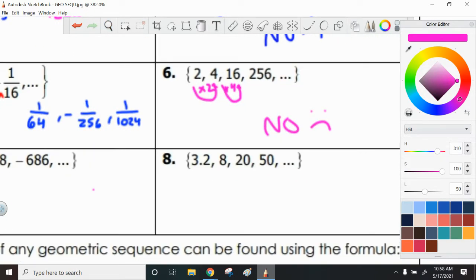Now let's look at number 8. I don't really like number 8. I mean, okay, let me say this right. As a teacher, I like number 8.